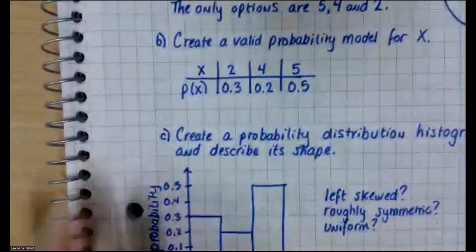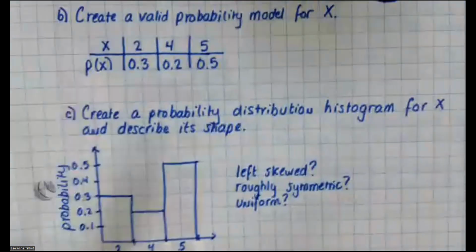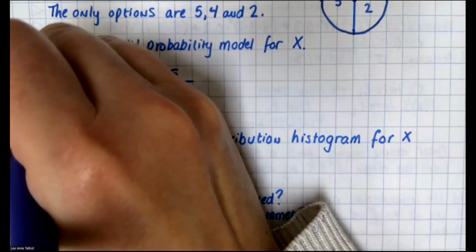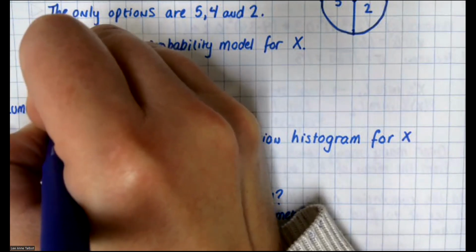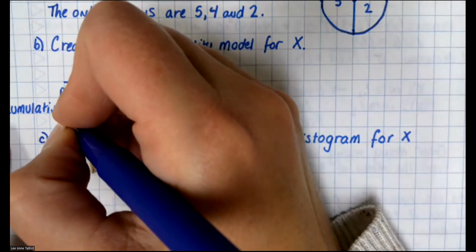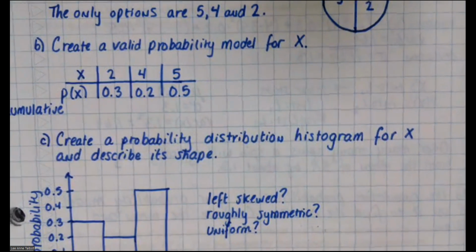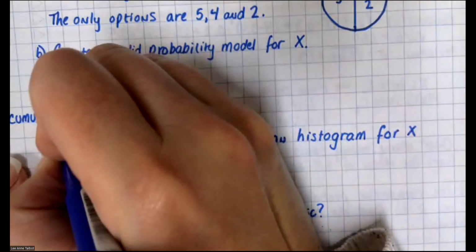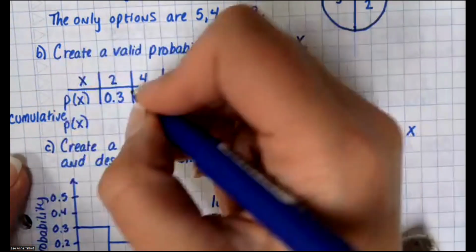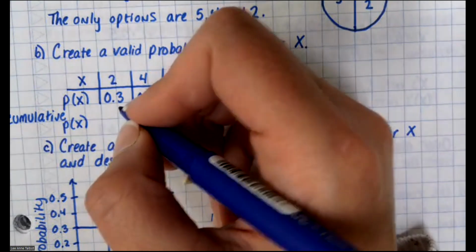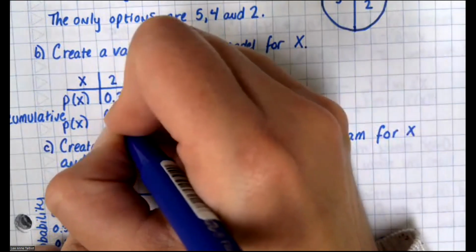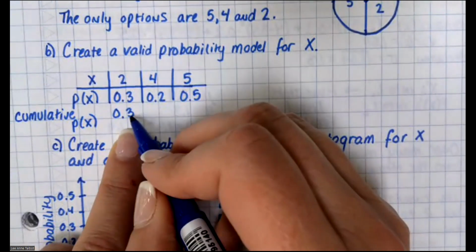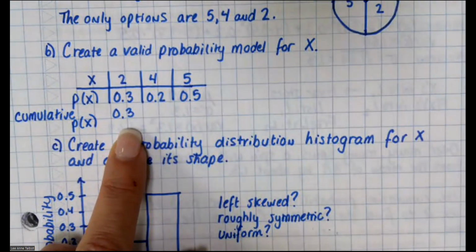So what do you guys know about the median of something? What about the percentile? What percentile is the median? Okay. So would it make sense to you that the cumulative probability of 2 is 30%?